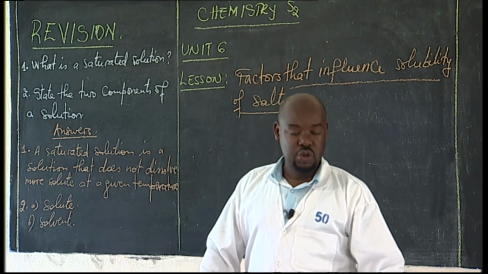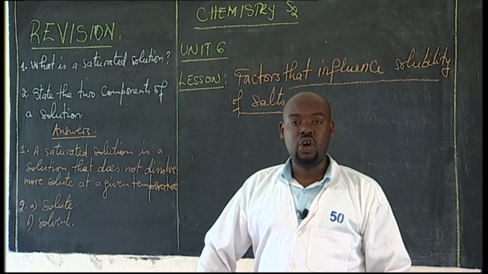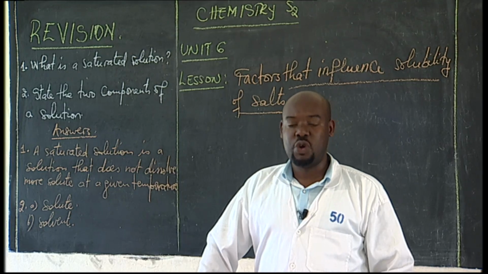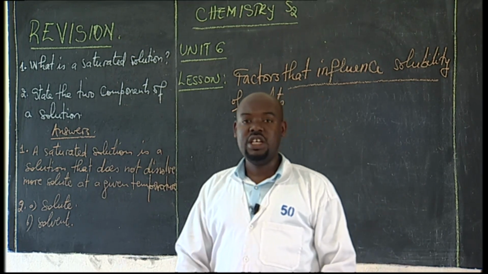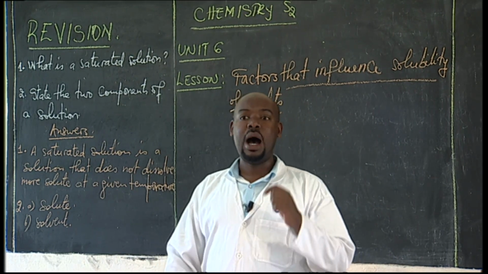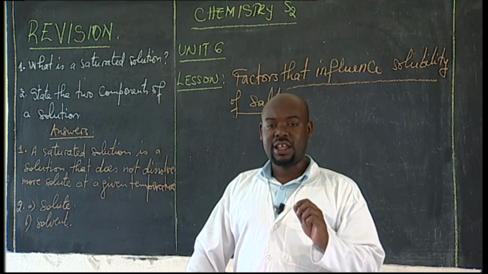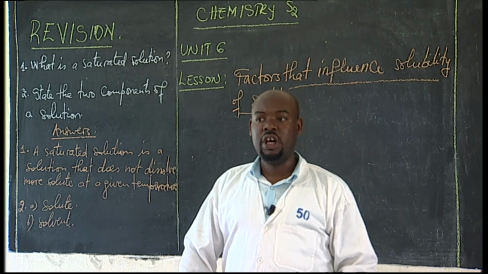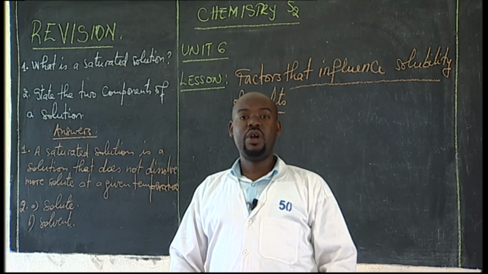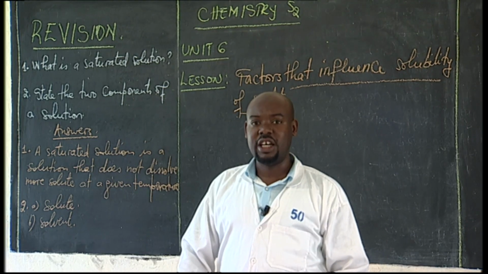And I have asked you to try and recall what is the definition of solubility. Solubility is defined as the amount of a solute that can be completely dissolved in 100 grams of a solvent at a given temperature.